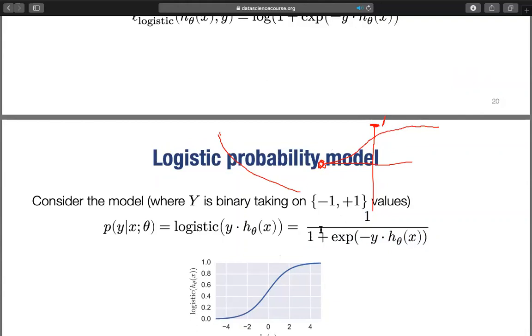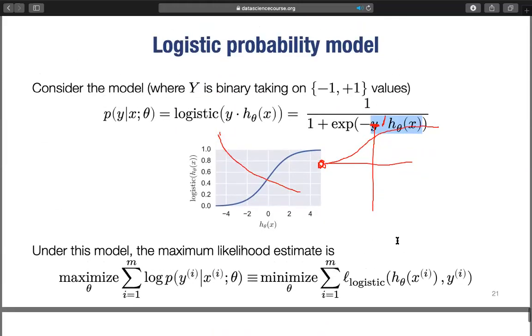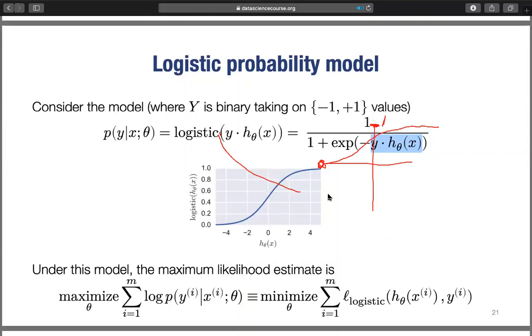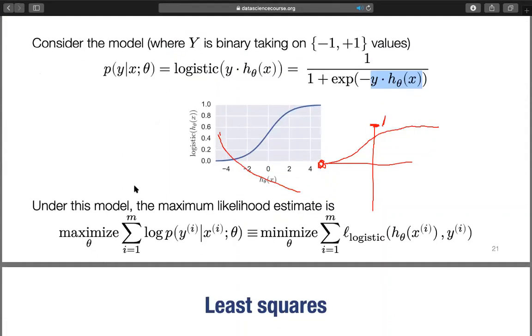So we are having 1 over 1 plus e raised to the power of minus y times h of x. This term here you can call your z, right? And we are going to be looking at an example of this in the next few minutes.